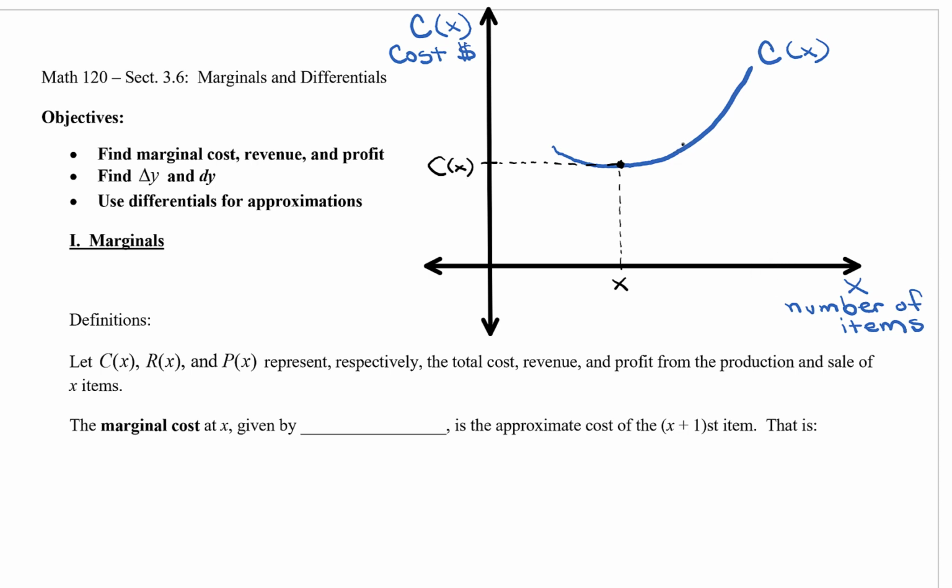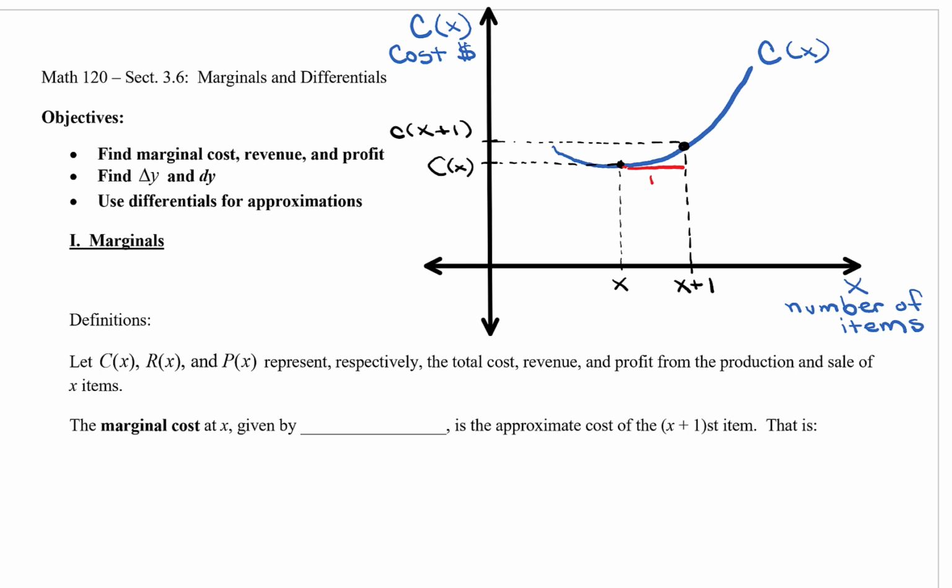Then we're going to come up with another point right here, and this is going to be 1 unit more than x, so I'm going to call it x plus 1. Therefore, the y value associated with this x coordinate is C of x plus 1. You can clearly tell from our graph that there is 1 unit of difference between the x and the x plus 1.